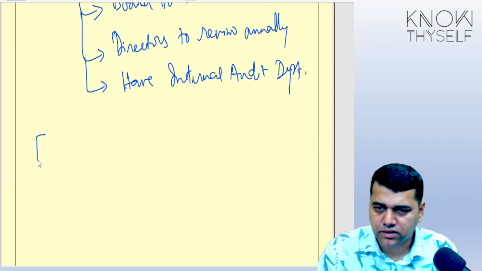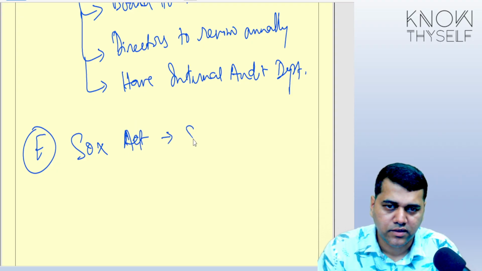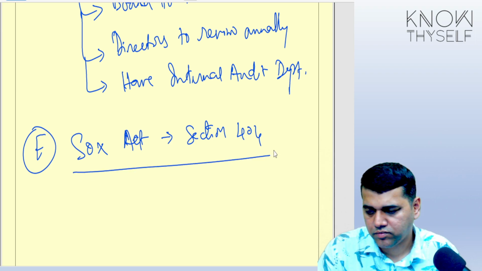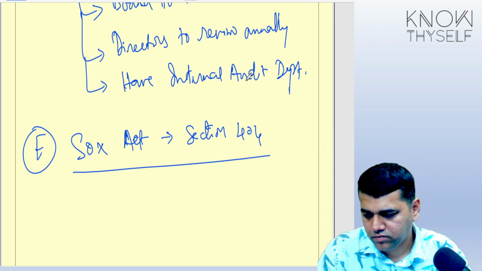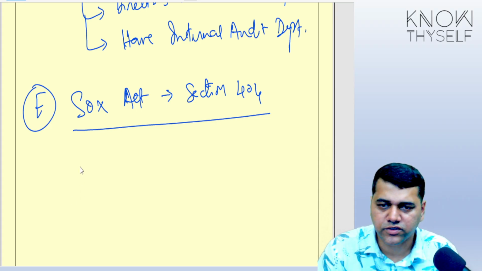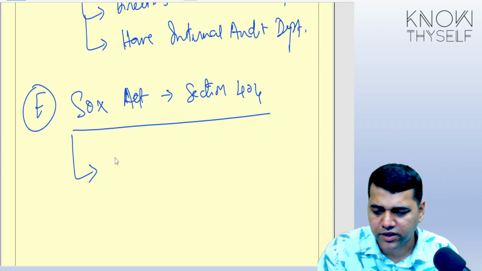And the last one is your SOX Act, section 404. What SOX says? You can write it came after this, wanting to reduce corporate fraud and all.